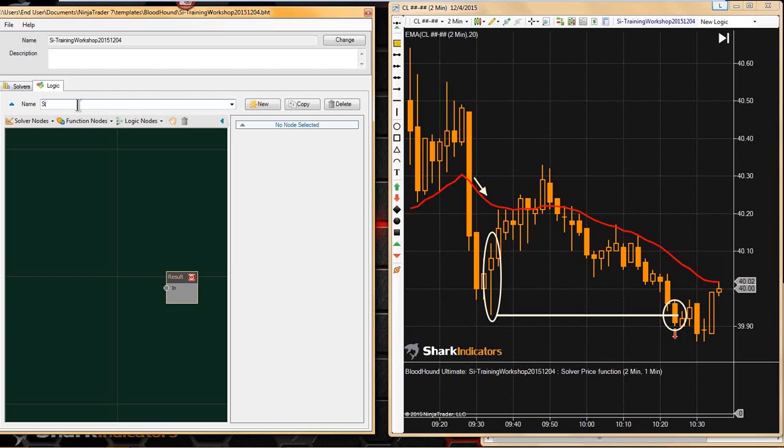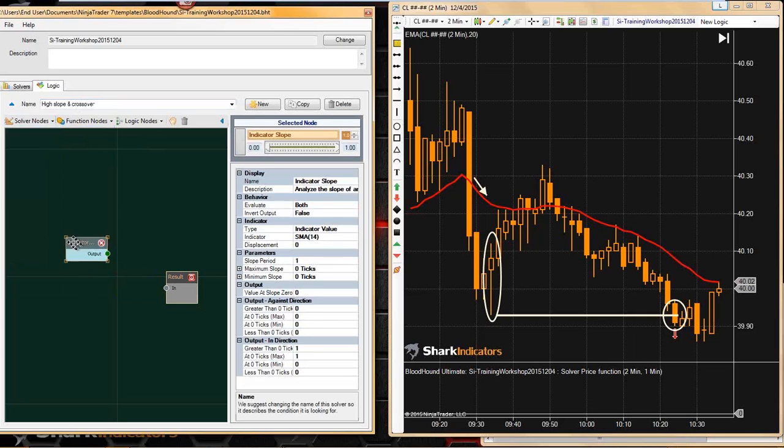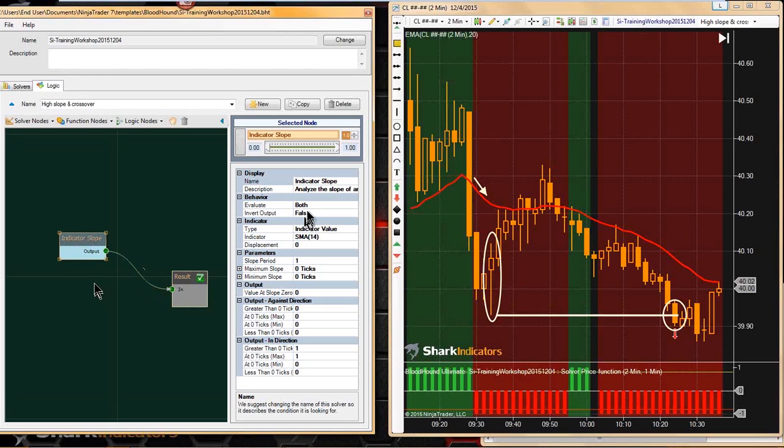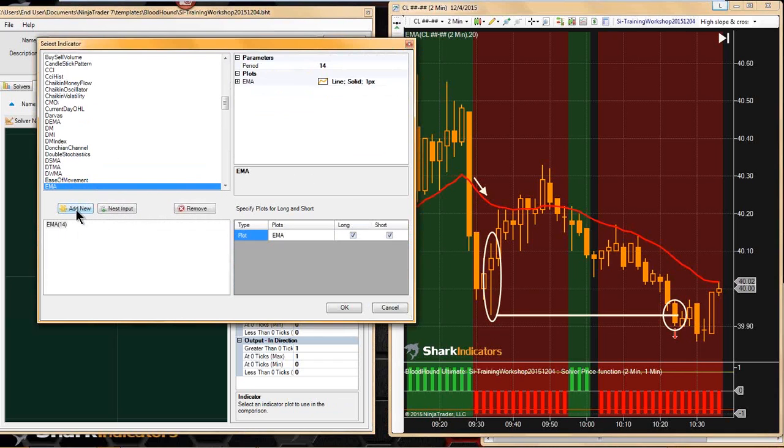Let's call it high slope and crossover. So let's find this high rate of slope. Let's connect that up. We'll change the name here, so let's call this an EMA, using an EMA 20. Let's change our indicator to the EMA, and change our slope to 20.